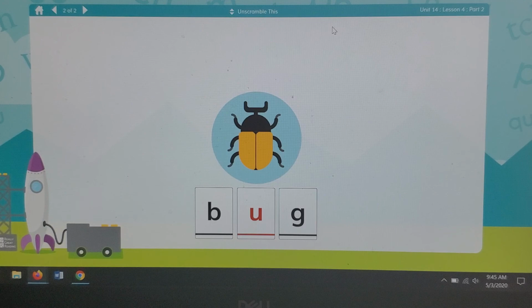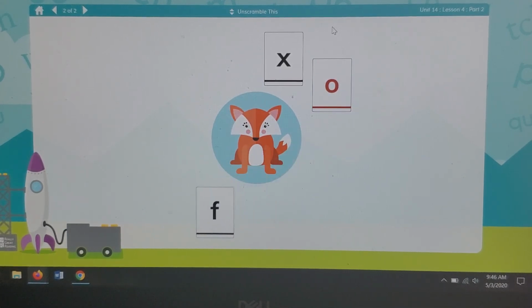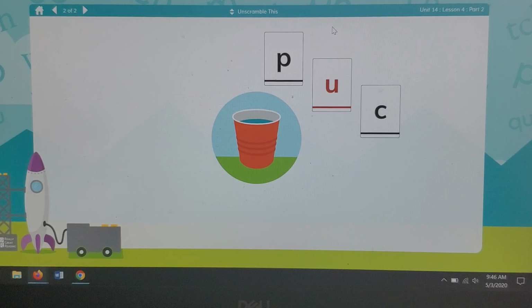What is another word or a synonym we have used for bug this year? Insect is correct. Good job, guys. Next, we have fox. Let's say those sounds. F, o, x, fox. Next, we have cup.